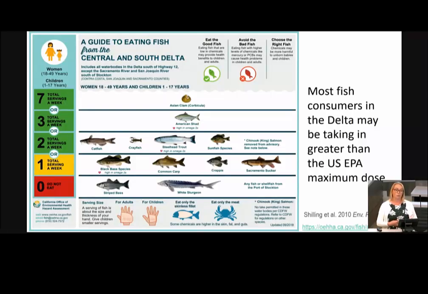And many of these households that are consuming this fish come from disadvantaged communities and disproportionately have women of childbearing age or children in the house who are potentially consuming these high levels of mercury. So the Delta is a place where we want to start to really focus some of our efforts in having well-informed advisories so the public can make good decisions about fish consumption.